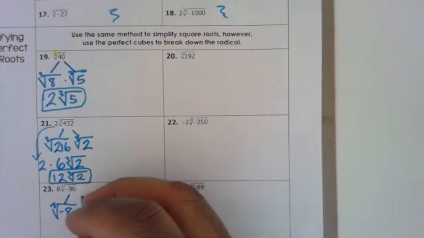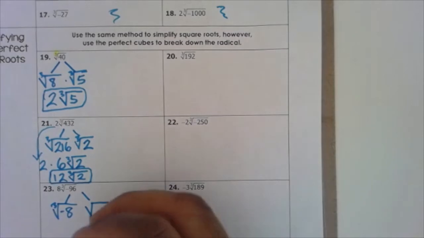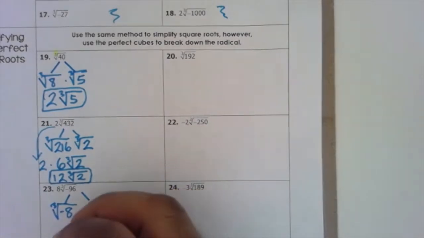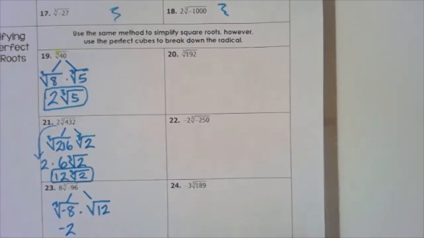Now, what's also going to be very important is that you obviously get the other number. So negative 96 divided by negative 8 is going to end up being a positive 12. Now, when I take that negative 8 cube root, I'm going to end up with a negative 2 in my calculator when I do that.